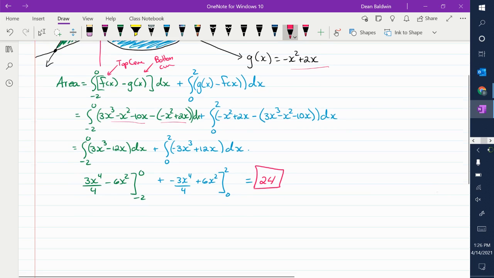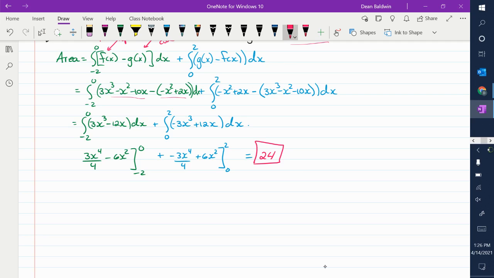Okay, here, I'll do it. All right, so if I put zeros in, I get 0 minus, then you got to put -2 in. Okay, plus, put 2 in. And I don't have to put the 0 in because it would be 0.